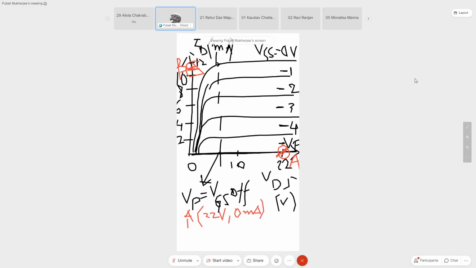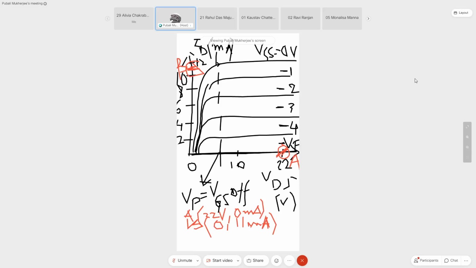And for point B, the x coordinate is 0 and the y coordinate is 11 milliampere, and you know how you have calculated it. So once we got the two coordinates, we can draw a line which joins these 2 points, and that would be your DC load line.